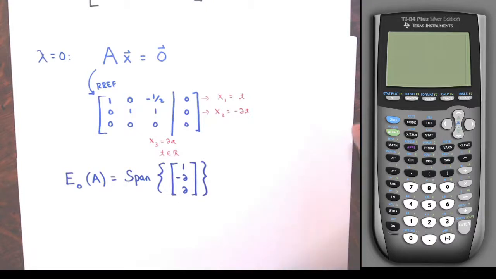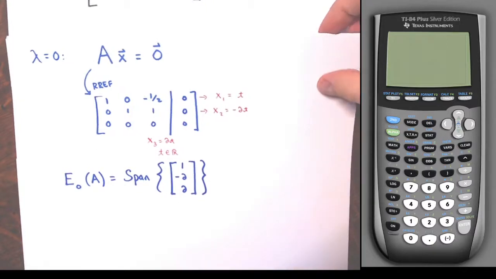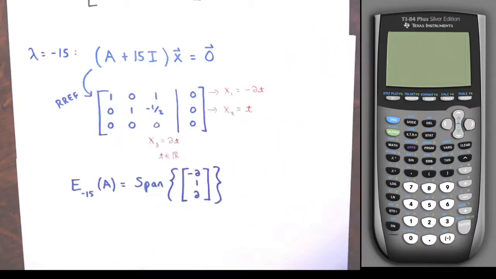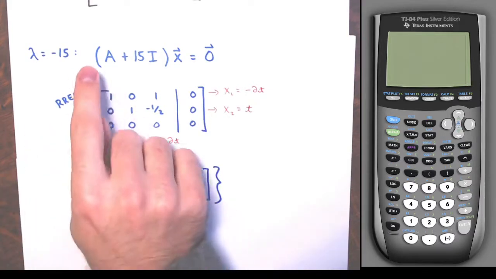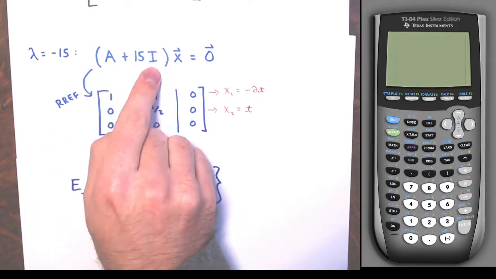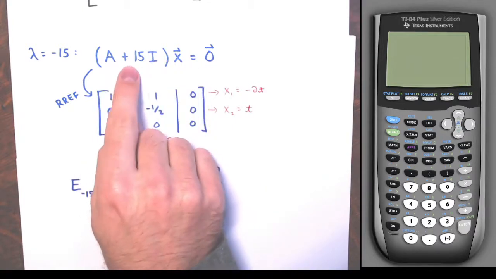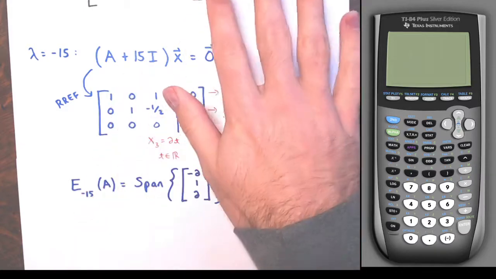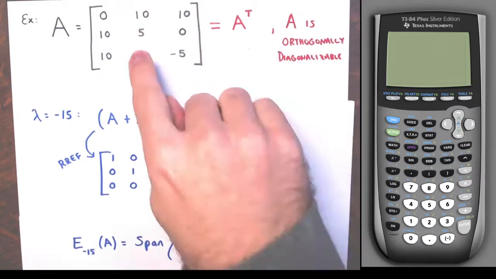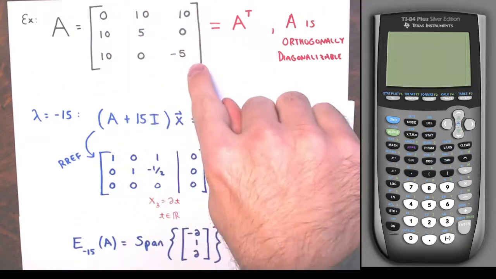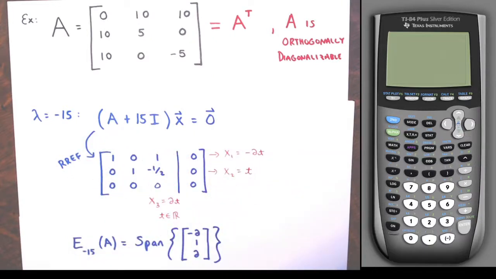Then for lambda equals negative 15, I'm solving A minus negative 15I, or A plus 15I, times x equals 0. You just add 15 to the main diagonal entries of A, and then I put that in reduced echelon form with my calculator real quick.